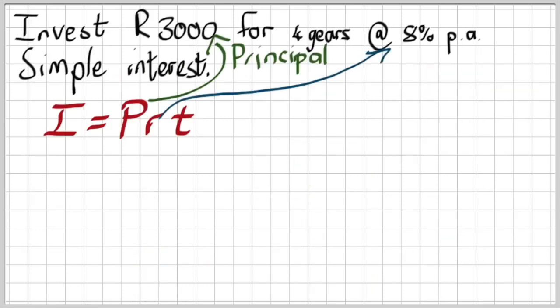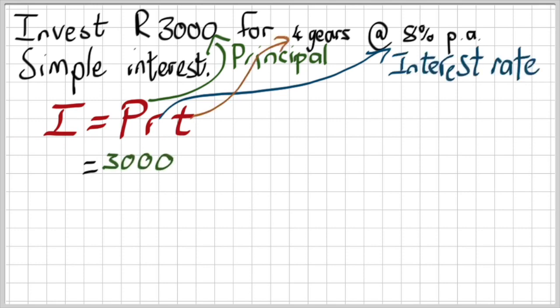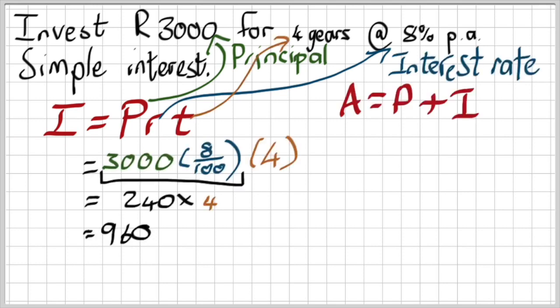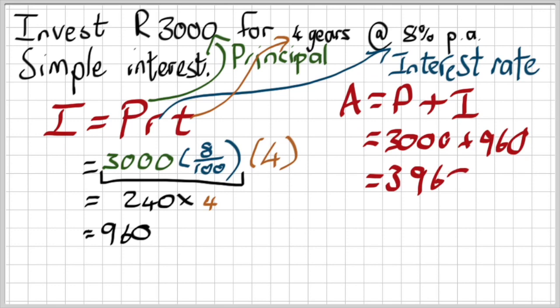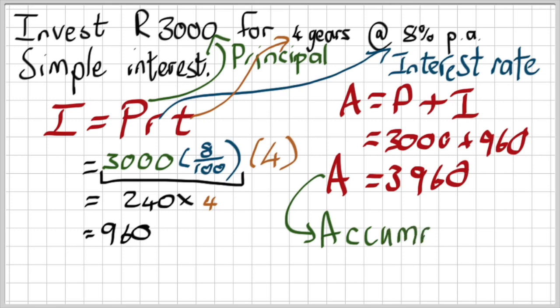So let's quickly get back to our sum. Okay? If I look at this, I now have to go and simply take my principal amount and add the total amount of interest to that. So I'm going to say 3,000 plus 960, which gives me a final amount, an A value, and we use A to say accumulated value.